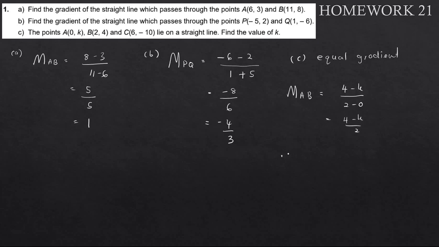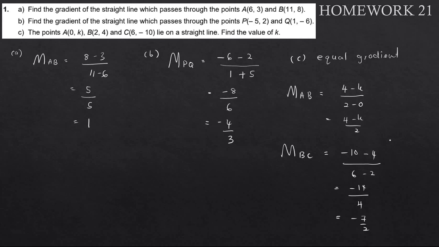Then let's compare with the gradient from B to C. Gradient of BC is negative 10 minus 4 over 6 minus 2. Negative 10 minus 4 is negative 14. 6 minus 2 is 4. Simplify: negative 7 over 2.